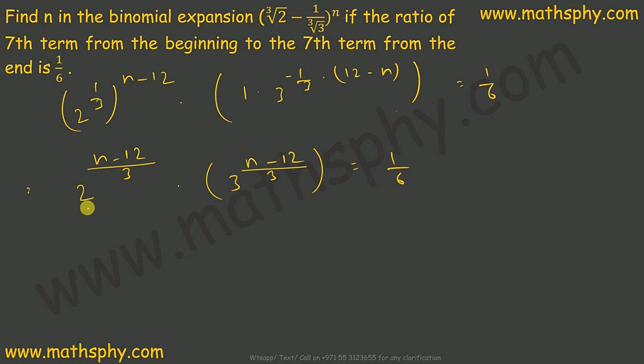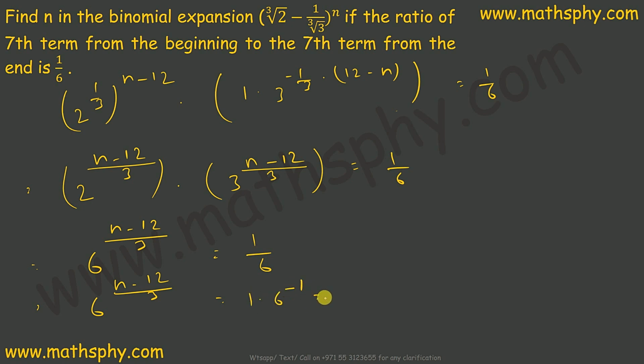Now you see, powers are the same. In that case, bases can be multiplied. So this will be 6 raised to (n minus 12) over 3 equals 1 over 6. 1 over 6 can be written as 6 raised to negative 1.